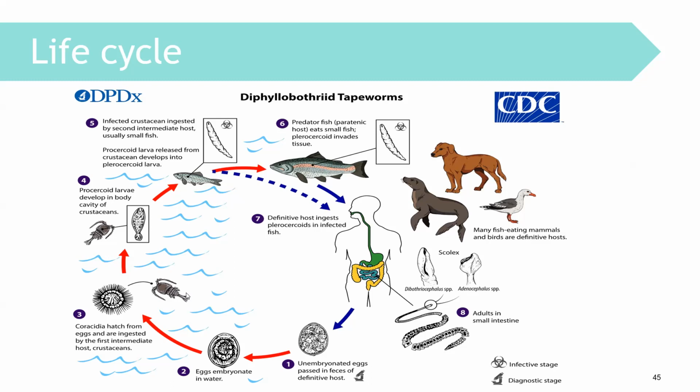Once the human ingests the Diphyllobothrium latum, it will reside in the small intestine where the scolex will attach into the intestinal wall that could possibly cause malabsorption, leading to megaloblastic anemia, vitamin B12 deficiency anemia.